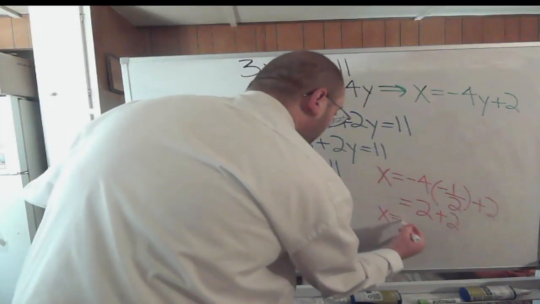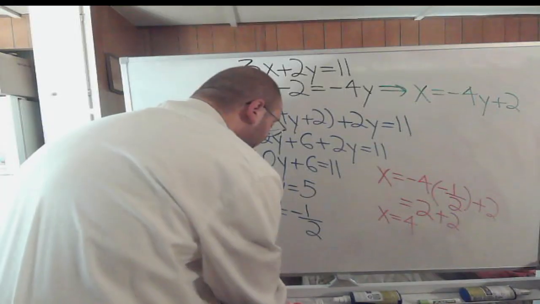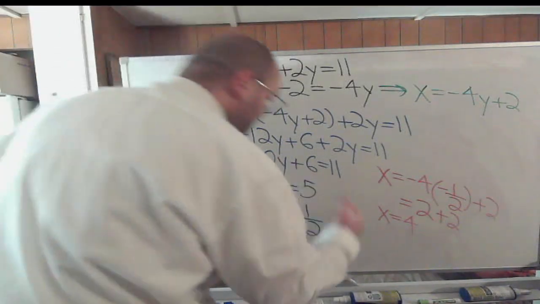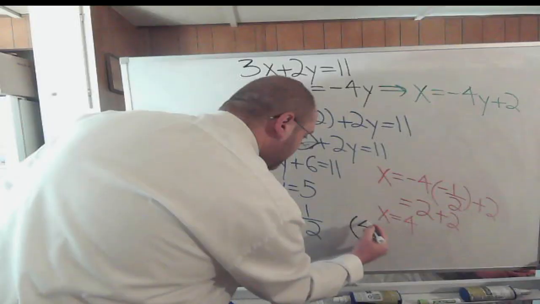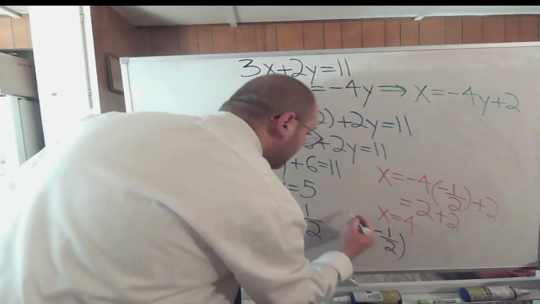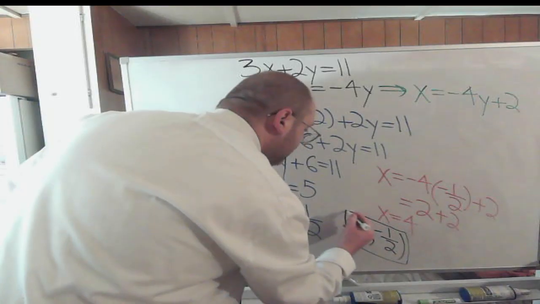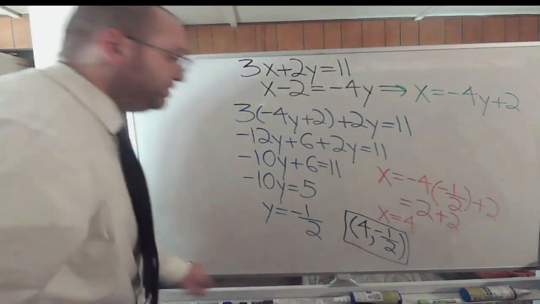Therefore, the x coordinate is 4. So, as the final result, the ordered pair for the point of intersection is going to be 4, -1/2. And that would be your answer to solve this system of equations.